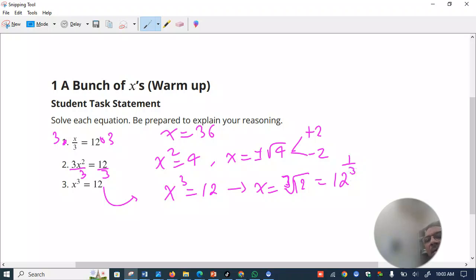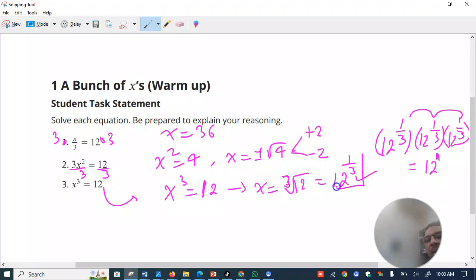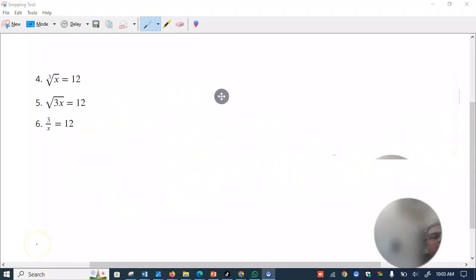And the reason is if you multiply 12 raised to 1/3 by itself three times, this will give you 12 raised to 1, because 1/3 plus 1/3 plus 1/3 is 1, and that's what you have on the right side. So this is another way to write the cube root. This is by definition.